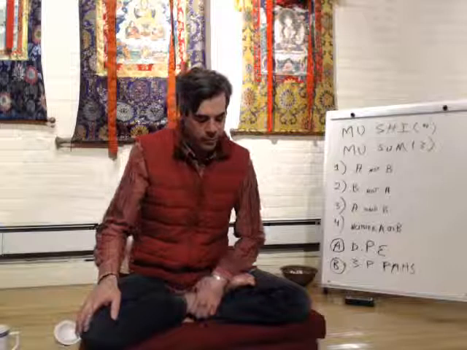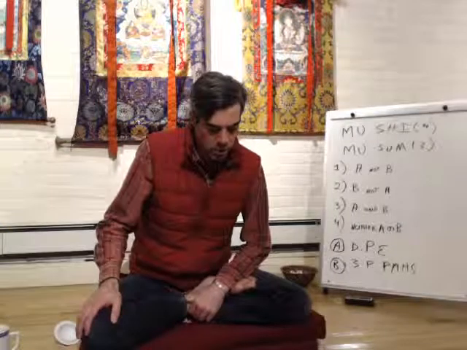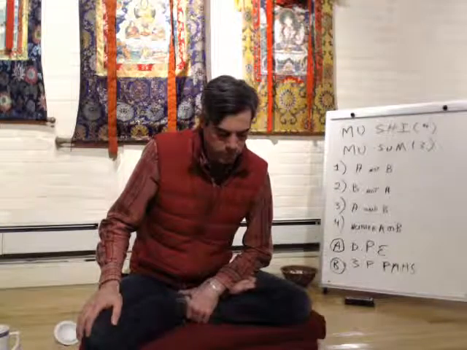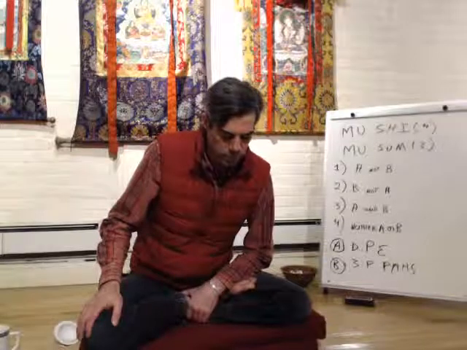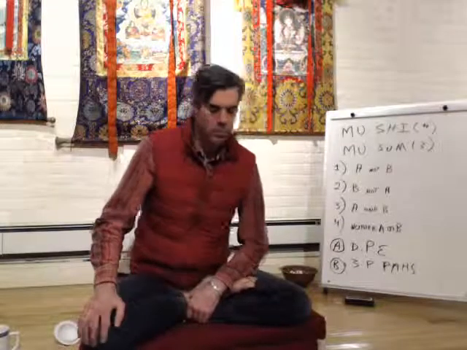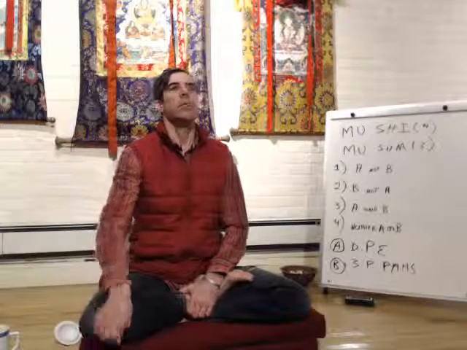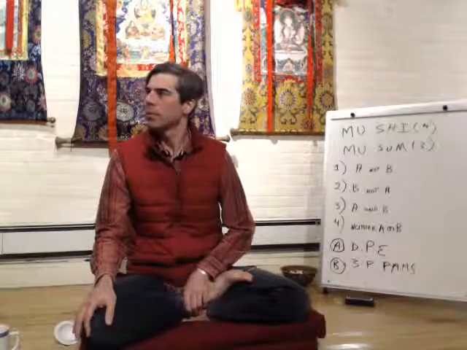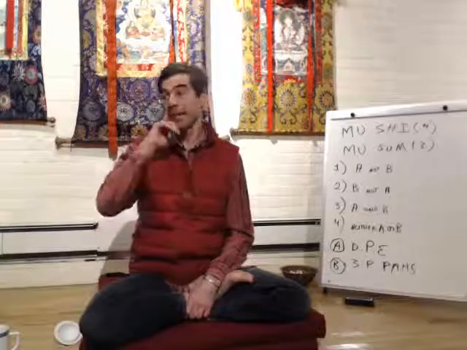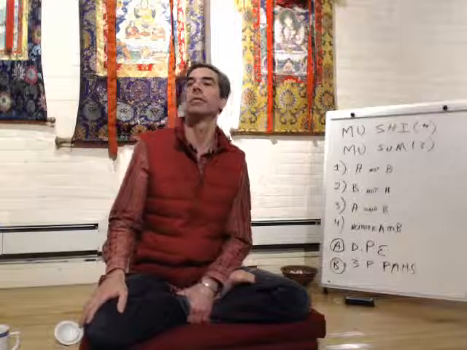Okay? The three paths contribute to these two causes. Of the three paths, renunciation, bodhicitta, and correct view, which do you think contributes to the first cause, which is method?